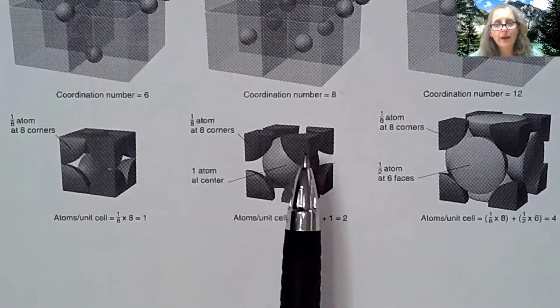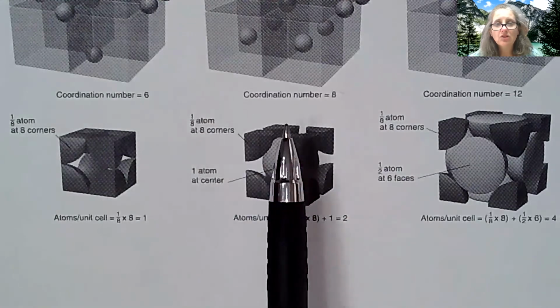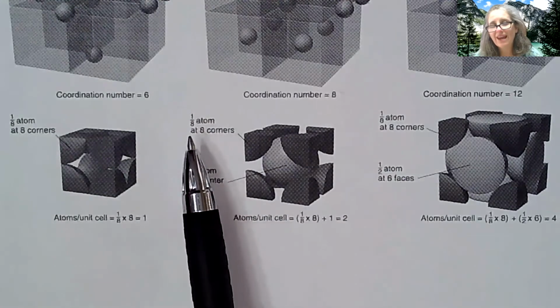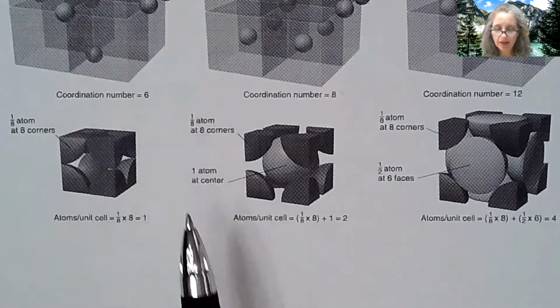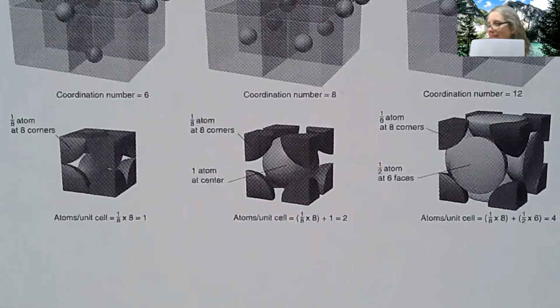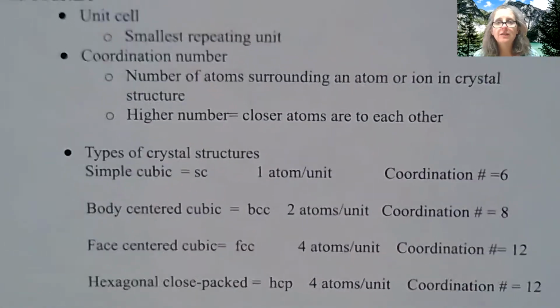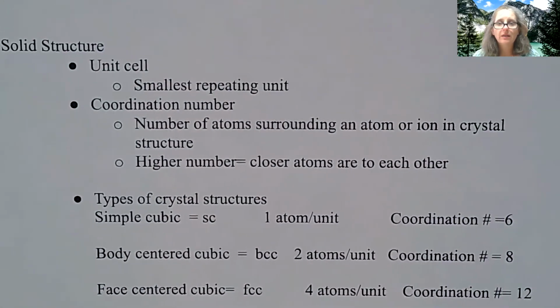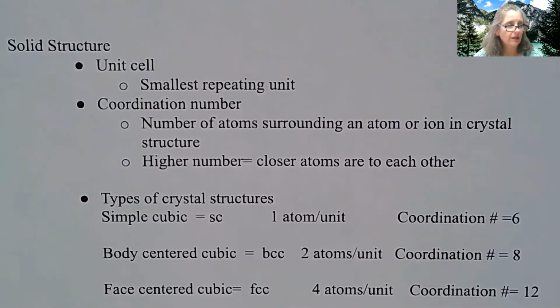I have a whole atom in the middle, and on each one of the corners, I essentially have 1/8 of an atom. So you could look at each one of these and count how many atoms you have per unit cell. Again, it's not going to be a big focus for us, but if you would turn to the next page, I want to give you at least a little understanding of what these terms mean.